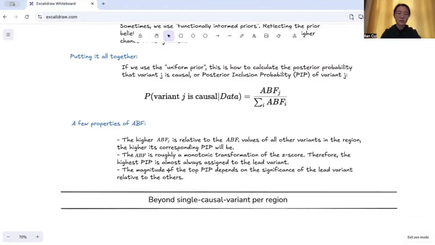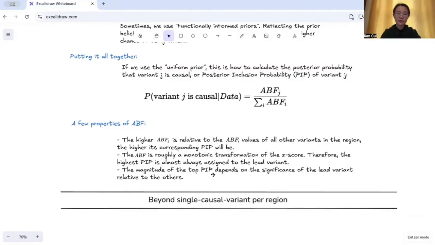But the magnitude of the top PIP depends on the significance of the lead variant relative to the others. So you can have a lead variant that is much, much more significant than all of its neighbors, then the PIP for it is going to be 0.9 or 0.99, something like that.